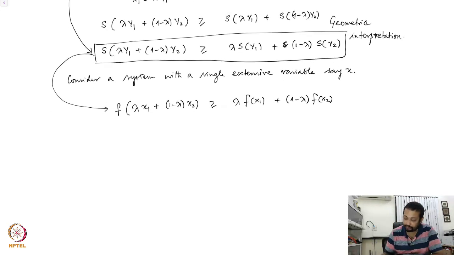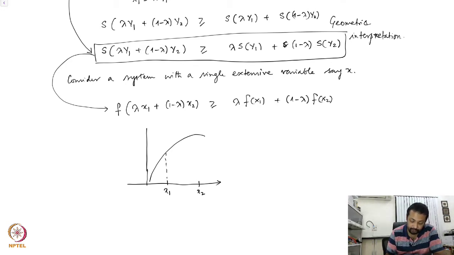Now if I want to look at the plot, here is x1 and here is x2, and I have something like this. Clearly, this value is f of x1 and this value is f of x2.